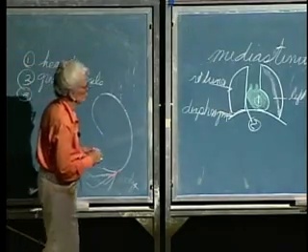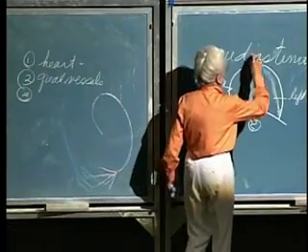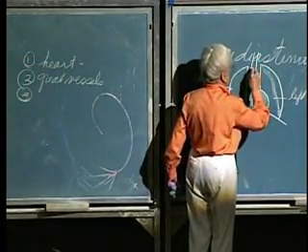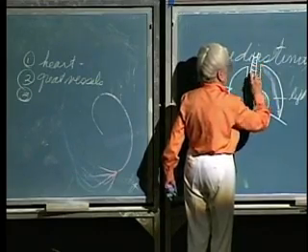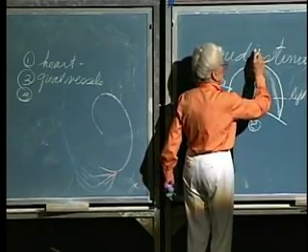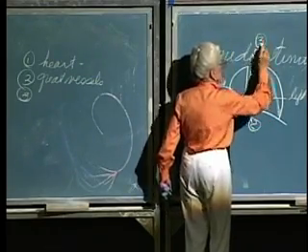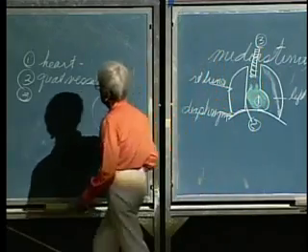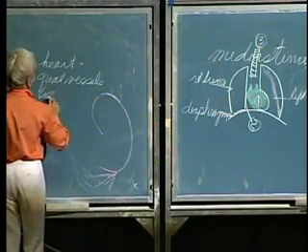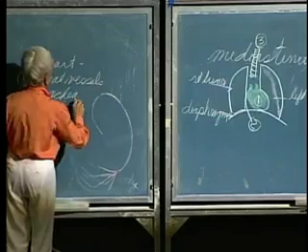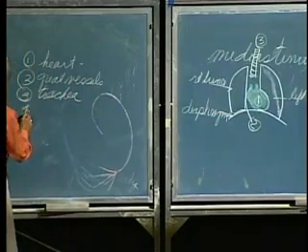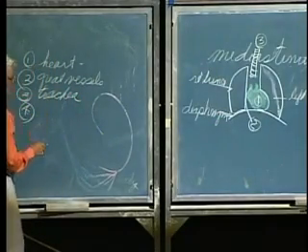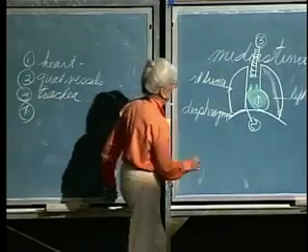And then we'll have the trachea that will be bringing in air. This will be 3. Trachea. Next will be the bronchi, which are taking the air from the trachea.